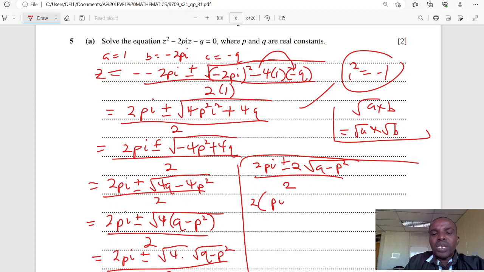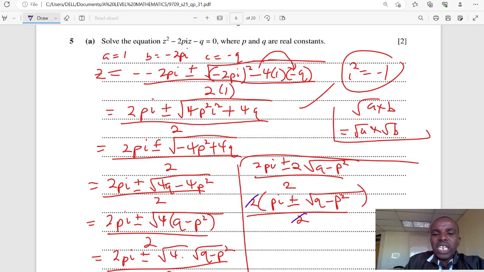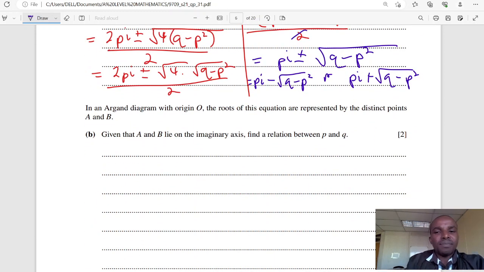It will be 2, then pi plus or minus root of q minus p squared, all over 2. Then these 2s cancel out. The final answer will be pi plus or minus root of q minus p squared, like this. The 2 down here has been cancelled, so there's no 2 down. So these are your solutions. So z is equal to pi minus root of q minus p squared, or z is equal to pi plus root of q minus p squared. So these are the solutions for our z.